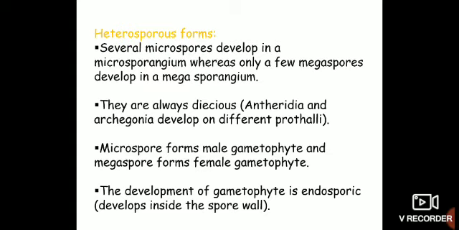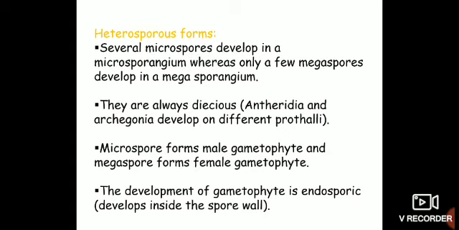In heterosporous forms, you have several microspores which develop inside a microsporangium, whereas you have only a few megaspores which develop in a megasporangium. ठीक है, हेटेरोस्पोरस स्पीशीज में 2 टाइप्स के स्पोरेंजियम बनते हैं. एक को हम बोलते हैं माइक्रोस्पोरेंजियम, second one is known as megasporangium.